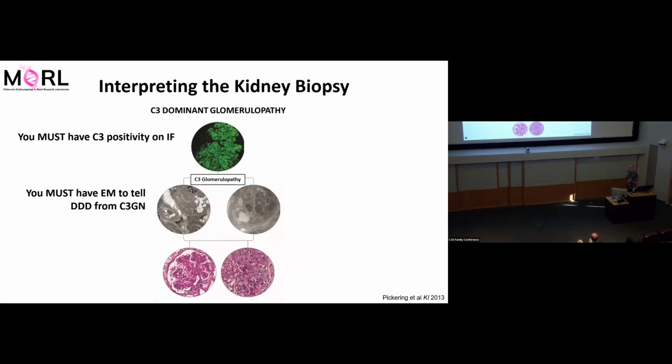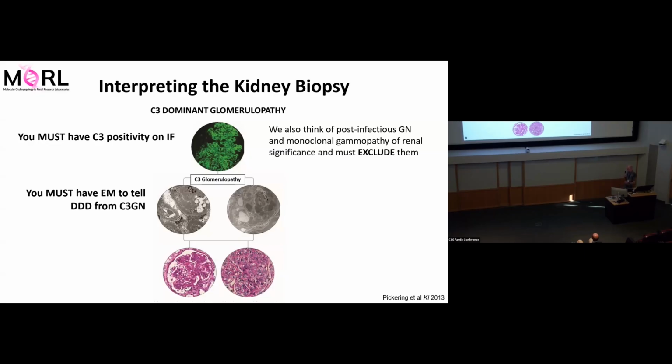So when the biopsy is read, if there's a lot of C3, it'll be called C3 dominant glomerulopathy. It won't necessarily be called C3G. There's a dominant word here. And that's because in the differential diagnosis, we also think of post-infectious glomerulonephritis and MGRS, monoclonal gammopathy of renal significance.